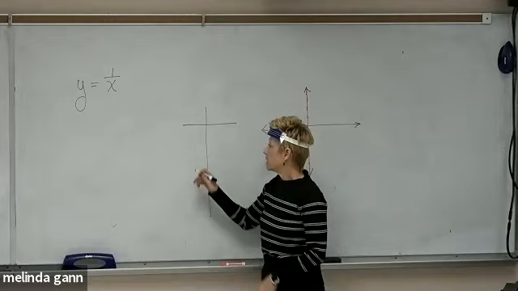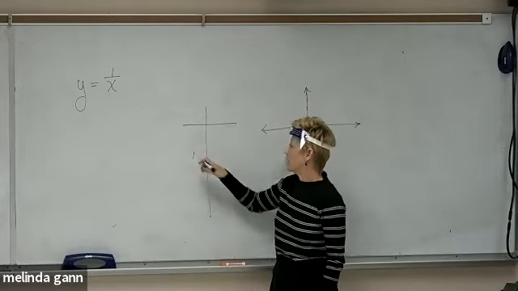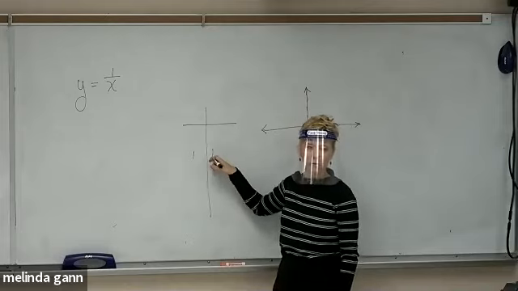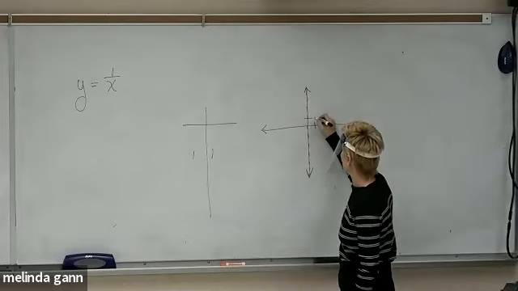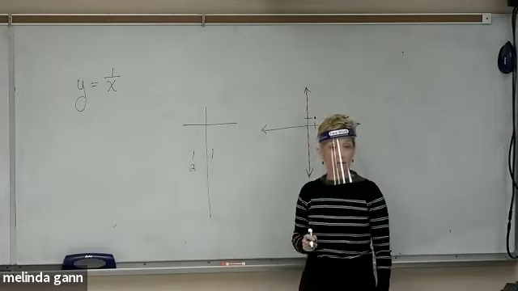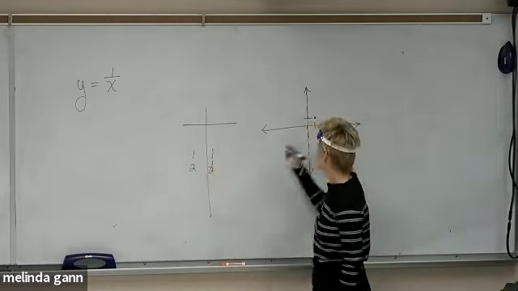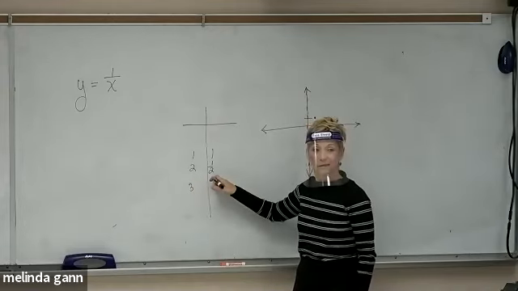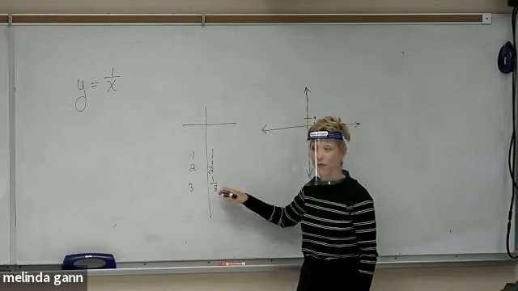Now, what if you got 1? What's 1 divided by 1 going to give me? 1. So there's a point at (1, 1) on this graph. What if you got 2? What's y going to be? 1/2. If you got 3, you'd have 1/3, wouldn't you?